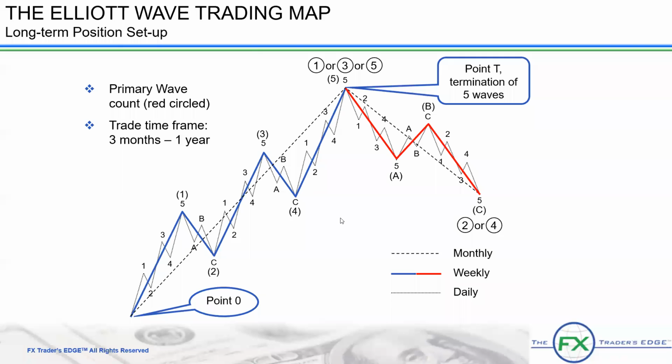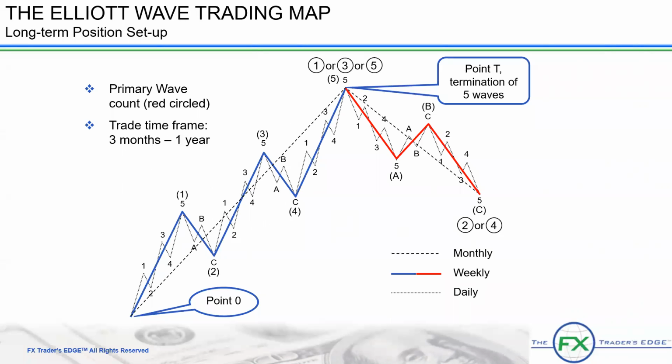So because the markets are fractal, you can day trade, swing trade, or position trade using this setup. So these are the time frames that you would use if you use the bigger time frames, daily, weekly, and monthly. And you would be taking your trades off of the dotted line. And I say trade time frame 3 months to a year.